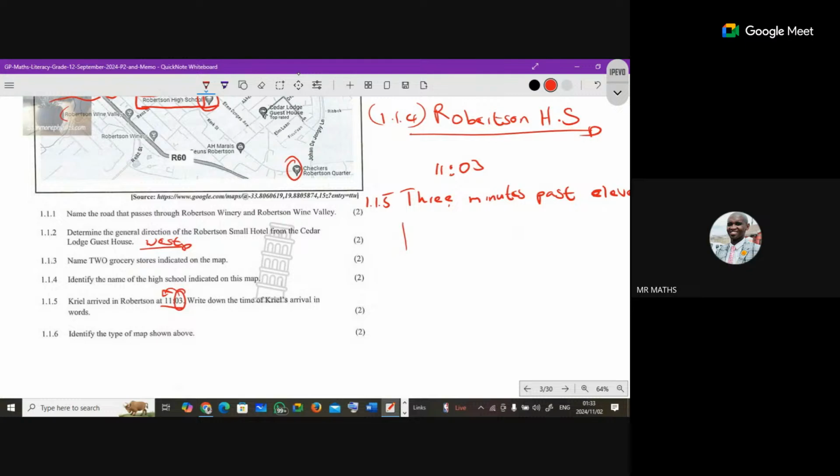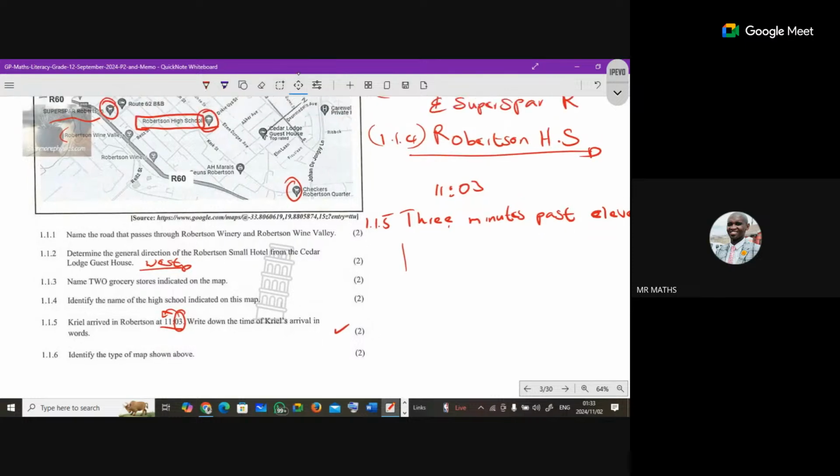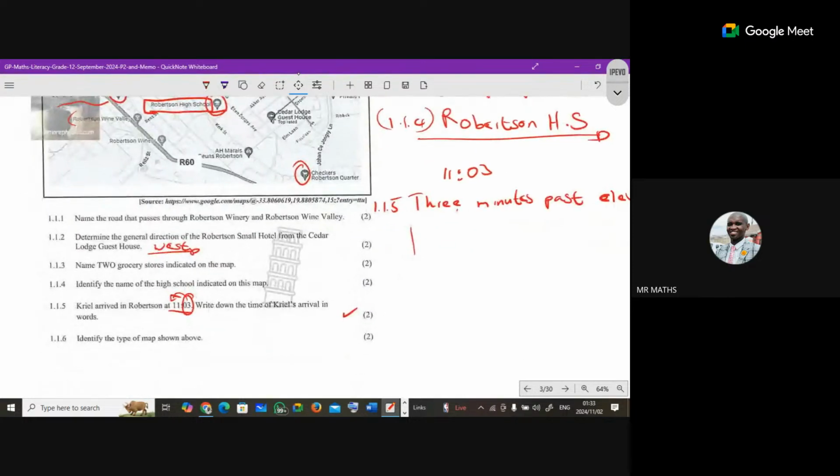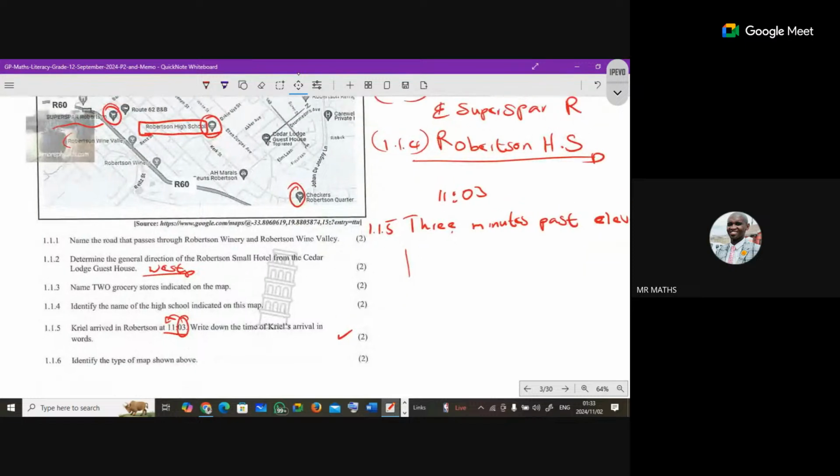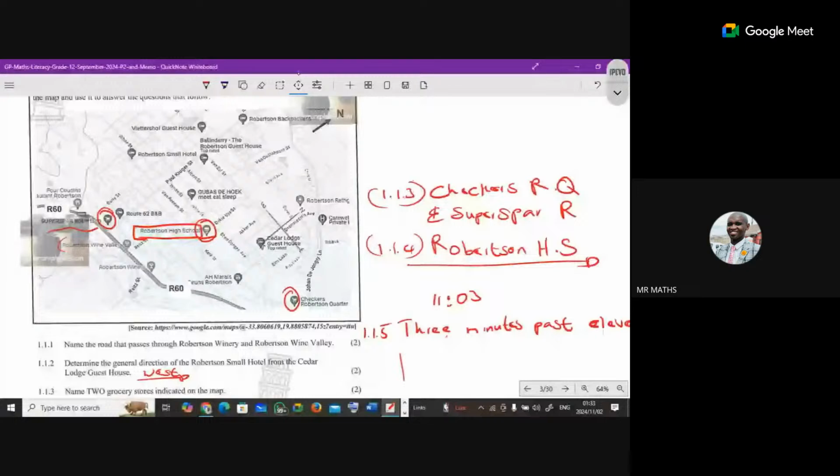Okay, then also here we take 2 marks. They are saying in 1.1.6, identify the type of map shown above. What type of map is this now? One would say it's a road map. Why would you say it's a road map?